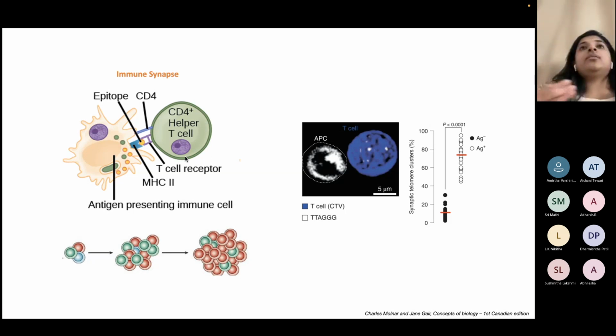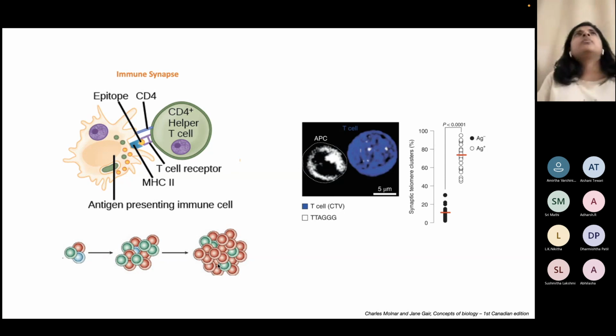It can help in the synthesis of antibodies from the B cell, thereby creating a robust immune response against the pathogen. If this cell did not have an active telomere, it would ultimately reach a point beyond which it would not be able to replicate. However, it is seen that in these T cells, replicative senescence is not reached. They are able to clonally replicate.